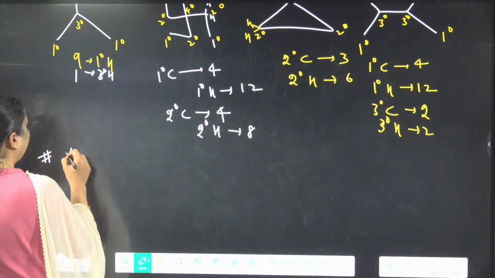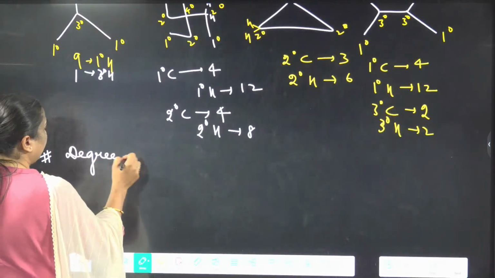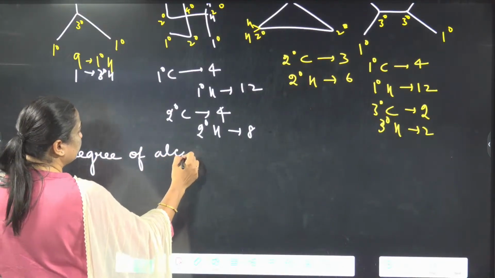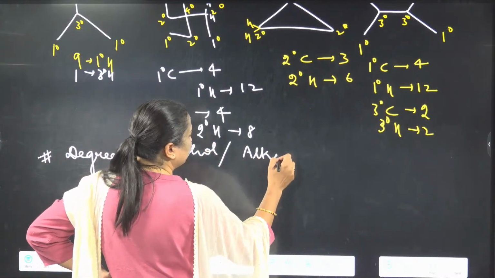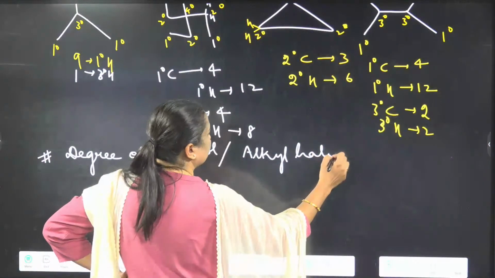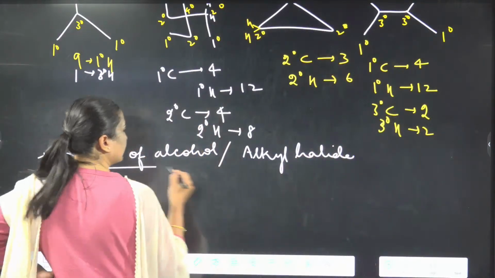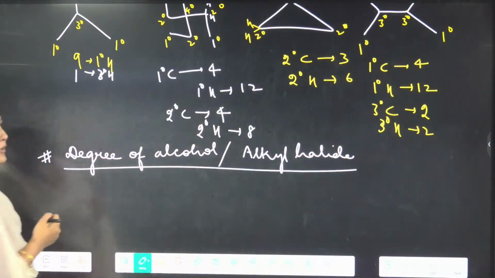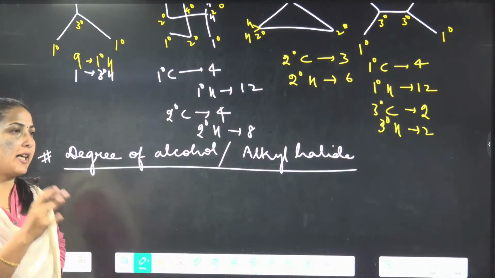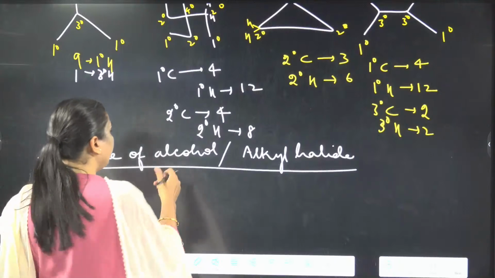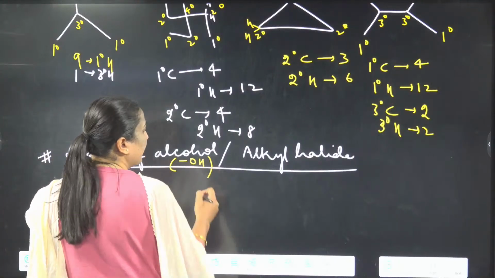Now next we have the degree of alcohol or else alkyl halide. Right? So this is again going to be the same as the degree of the carbon to which it is attached. That means for alcohol, we come to know it is because of this OH group.